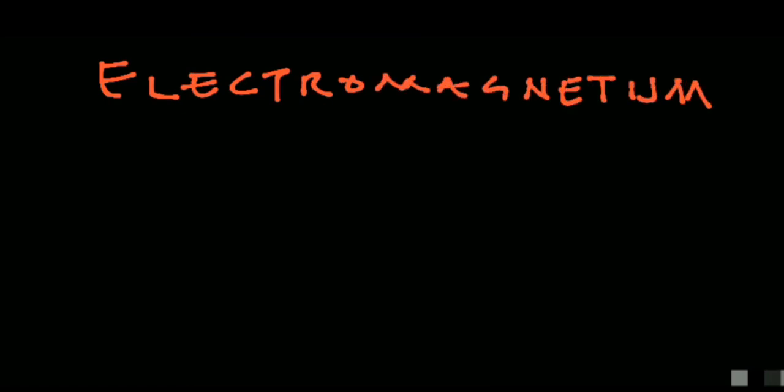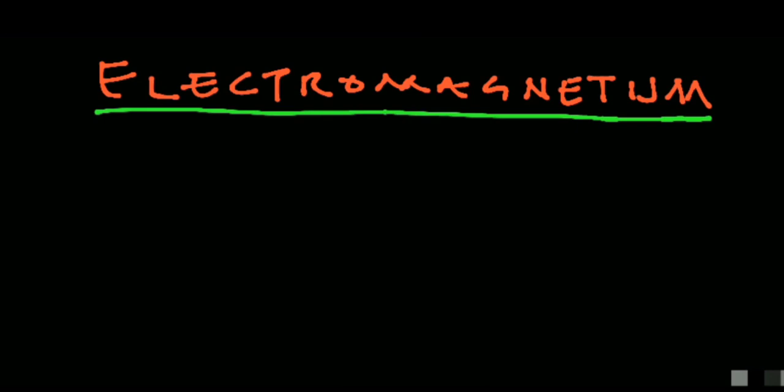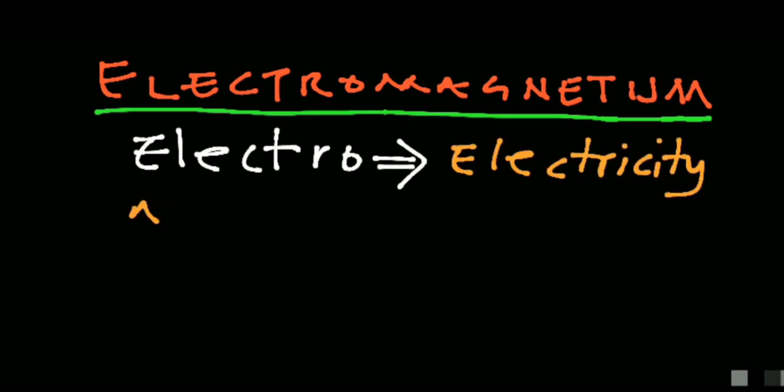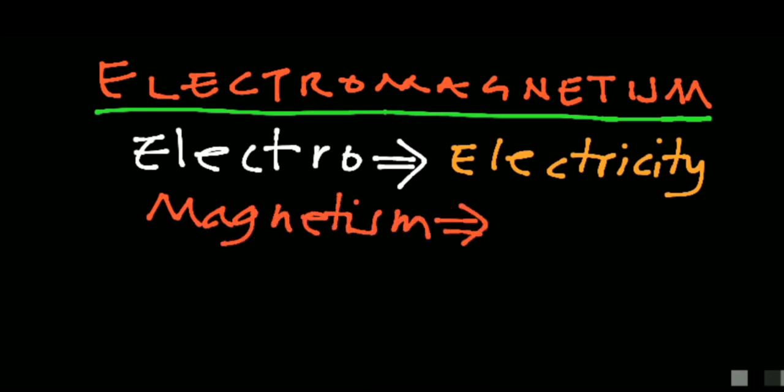By the way, to understand the concept of electromagnetism, you should know that the word electro comes from electricity, and the word magnetism, of course, originates from magnet.